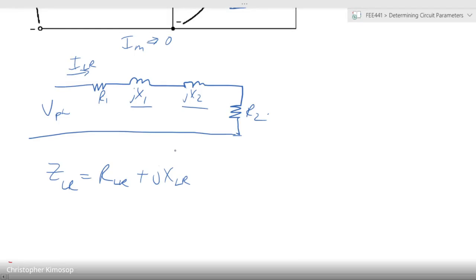They are less than the rated values. That means that our XLR here, which is equal to jX1 and jX2, is a prime value. It is different from the original. So XLR prime, which is equal to X1 prime plus X2 prime, will be different from the original.